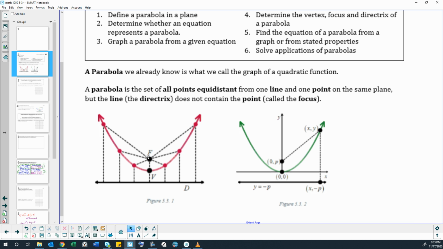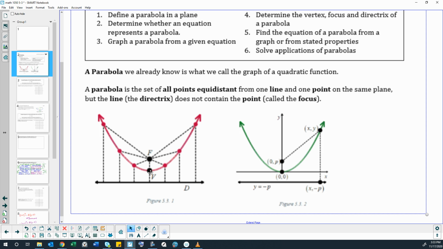So a parabola is the shape of the graph we get when we have all points that are equidistant from a line and a point. Here's the vertex of our parabola right here at V. And then here's F, what we call the focus, and here's a line D called the directrix.